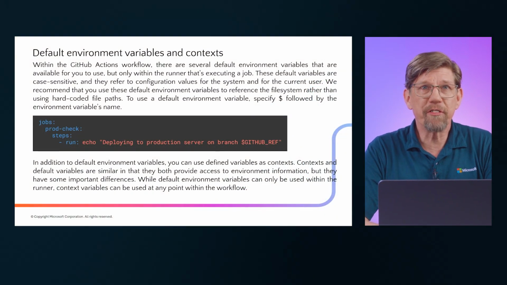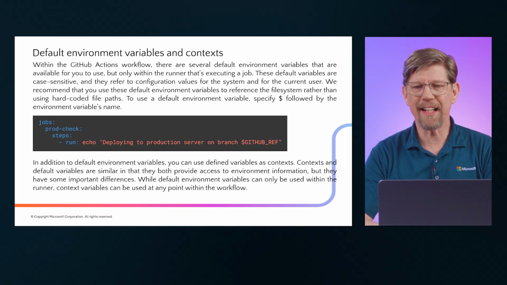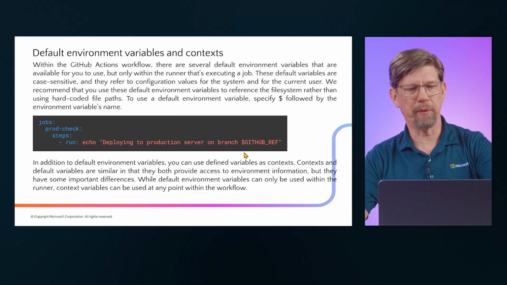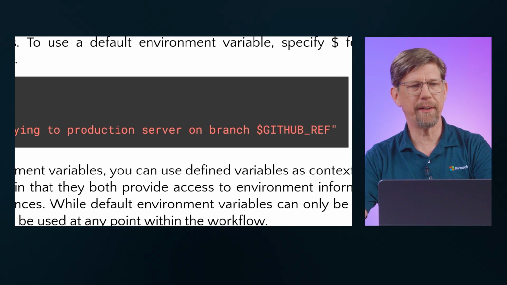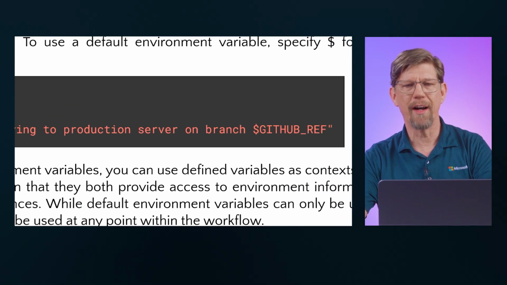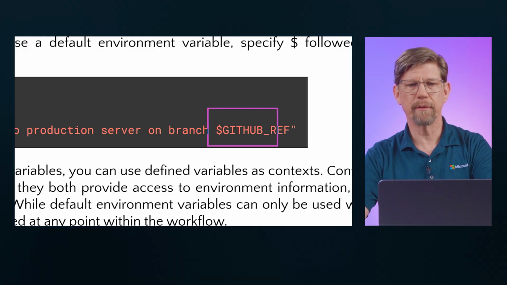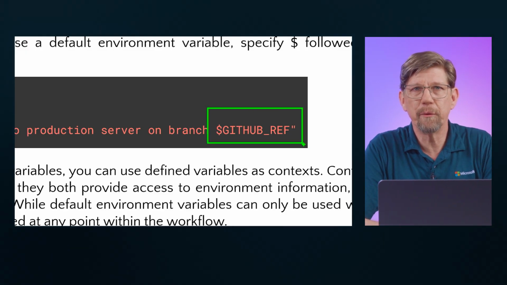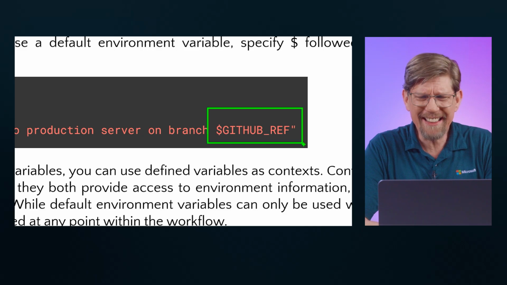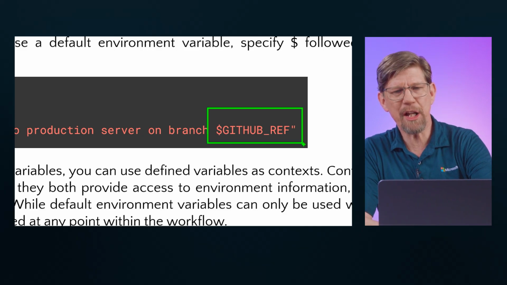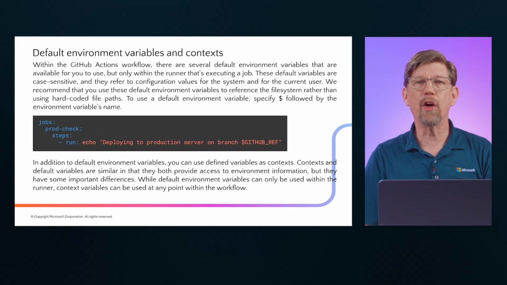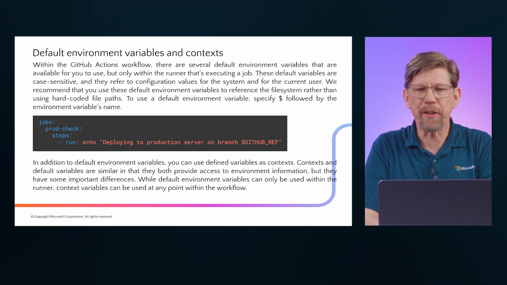So there's a couple of variables that we're going to see that are built in. They're just hard-coded into the system. So for example, you can see in this example right here, we are deploying to production server on branch $GITHUB_REF. And $GITHUB_REF is a built-in variable that's specifying what is the branch that we are referring to.